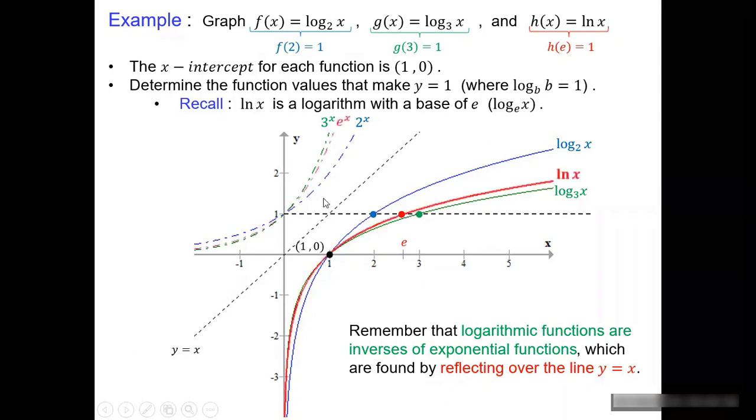Remember that e to the power of x was a graph that was in between 2 to the x and 3 to the x. So it would imply that the natural log of x should also be a logarithm somewhere between log base 2 of x and log base 3 of x. So the 2 points that we plot will be 1, 0, and e, 1.